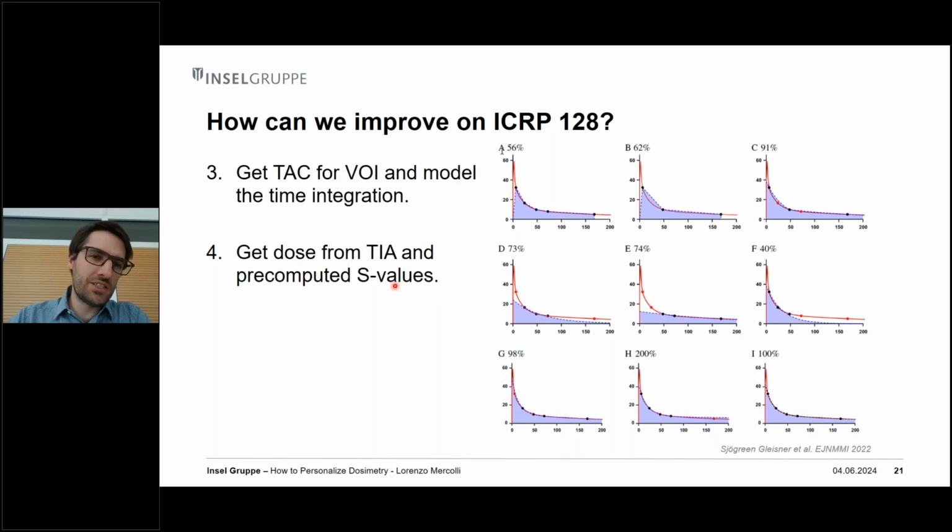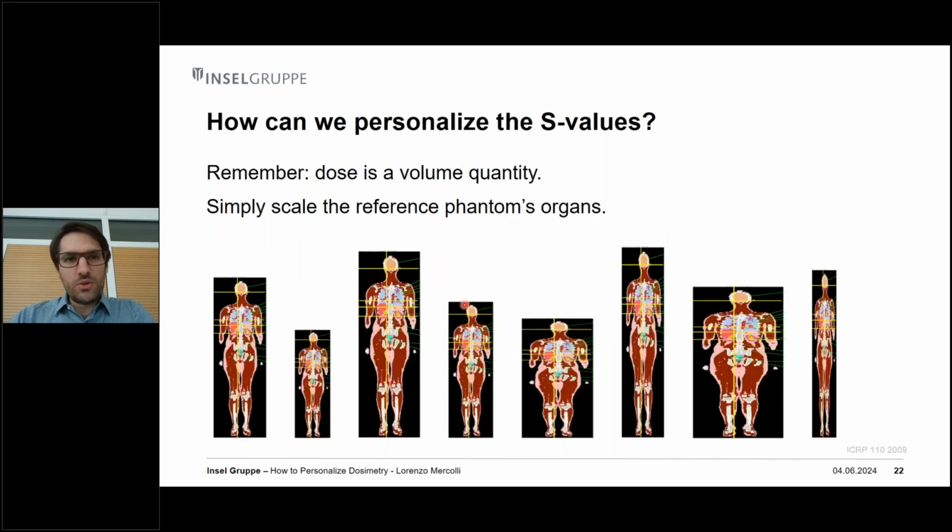However, the S values are still pre-computed from the reference phantoms. So is there a way to have a more personalized S value? And yes, there is a tweak, a little shortcut that you can take.